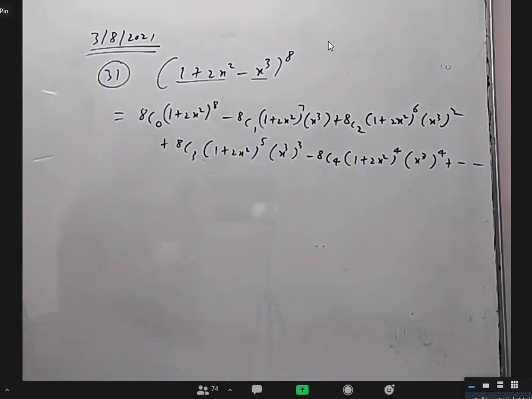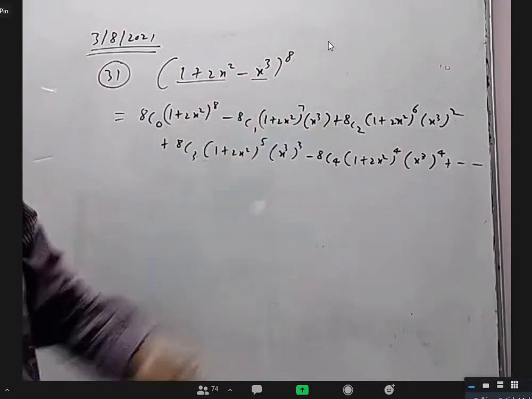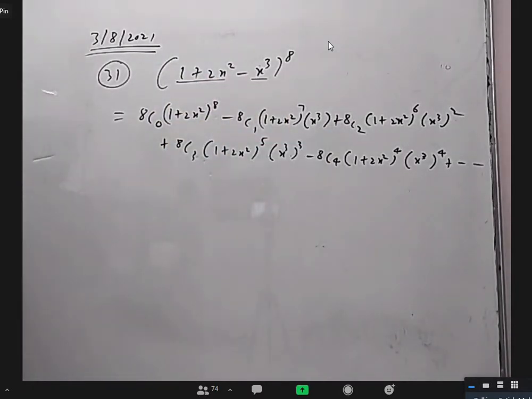So whenever you have three things and you want to expand, you can still use the binomial theorem. Take this as one quantity, this as one quantity, and use the binomial theorem.